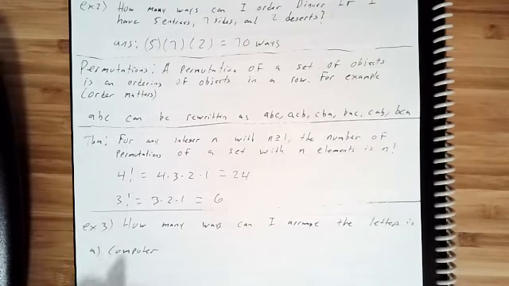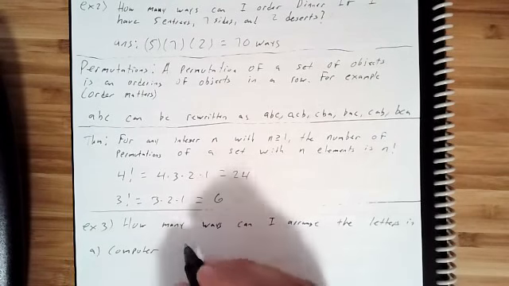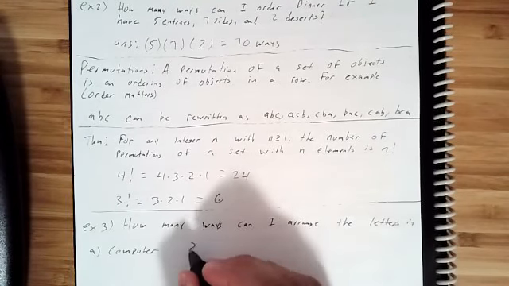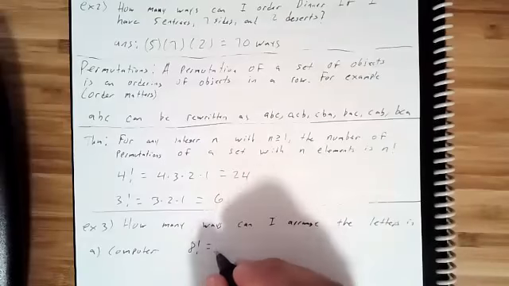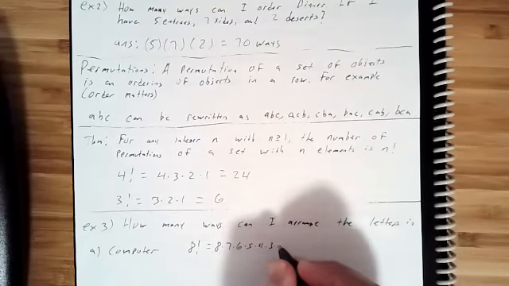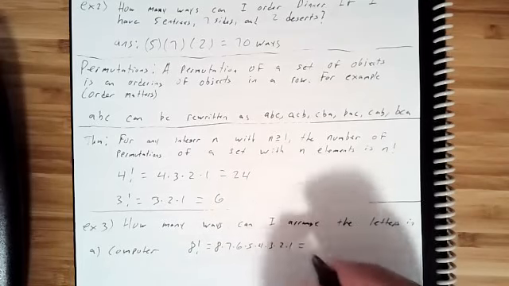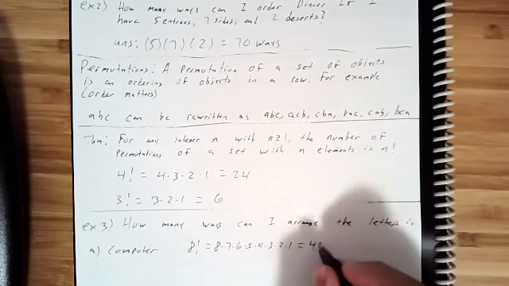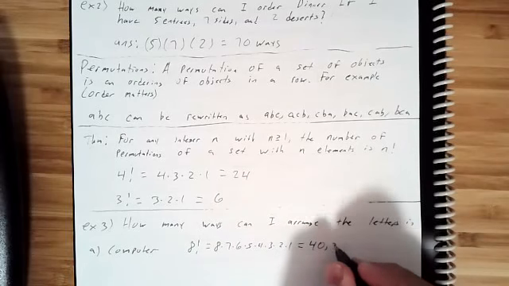Well, that would be 1, 2, 3, 4, 5, 6, 7, 8. So this would be 8 factorial, which would be 8 times 7 times 6 times 5 times 4, all the way down to 1, which would be 40,320.